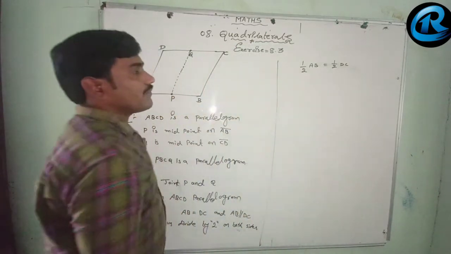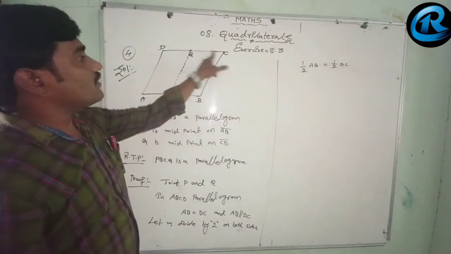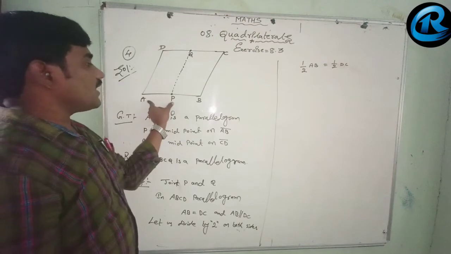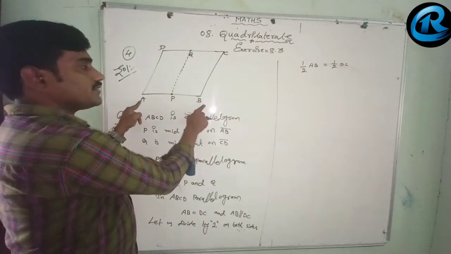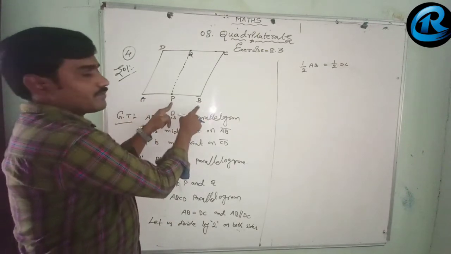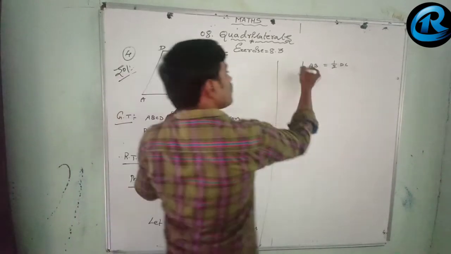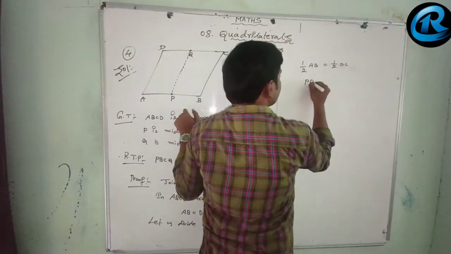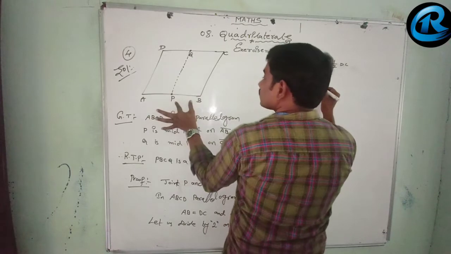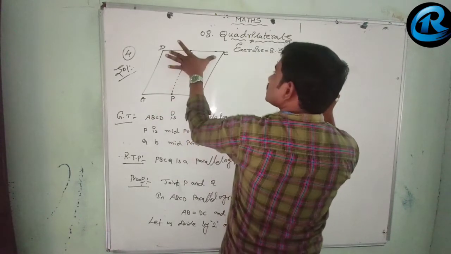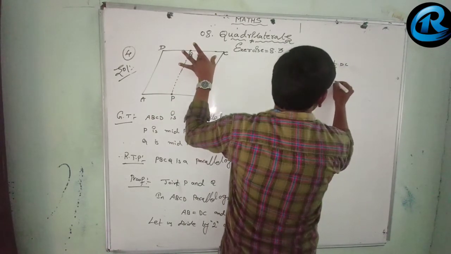Half of AB is either AP or PB, so let us take PB. So half of AB is PB, and half of DC is QC.